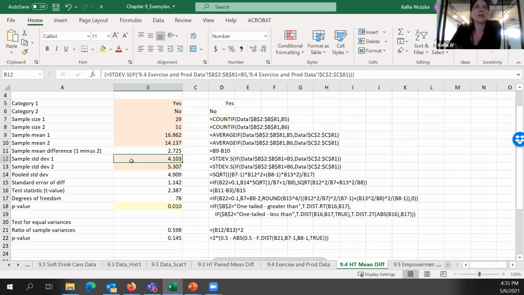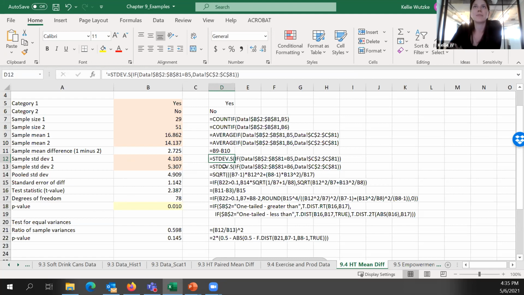We need both standard deviations. So in this case, there's no standard deviation if formula, but they nested it. So they said, take the standard deviation of the sample, and then they nested a statement that says, if the data column for exercise says yes, then count it.